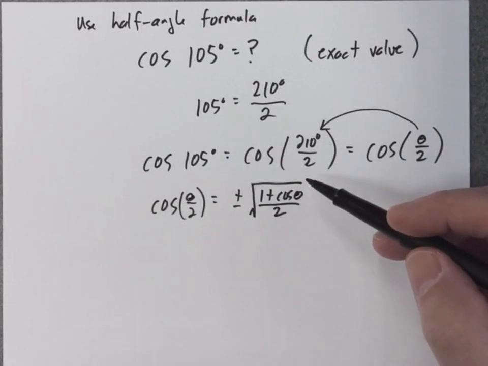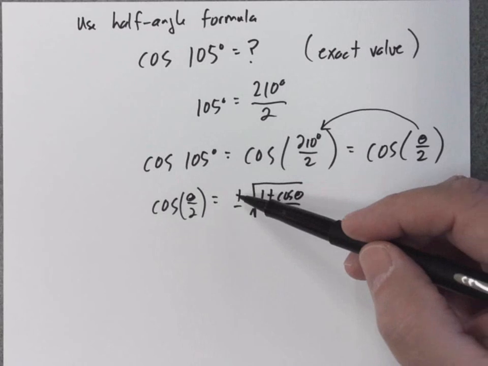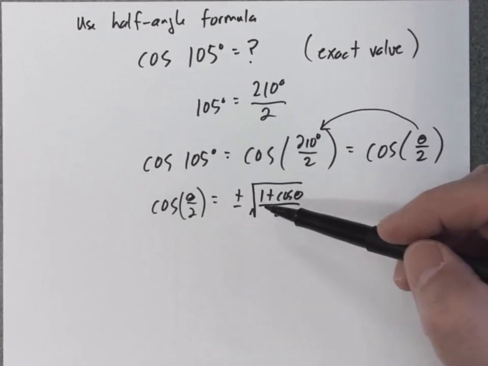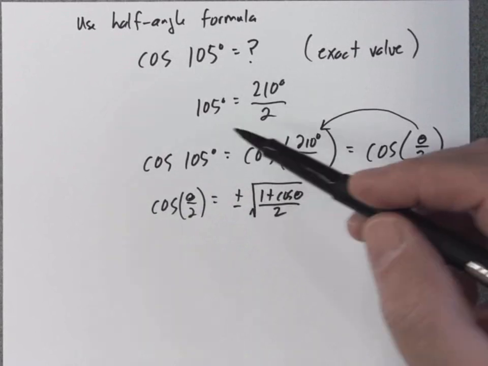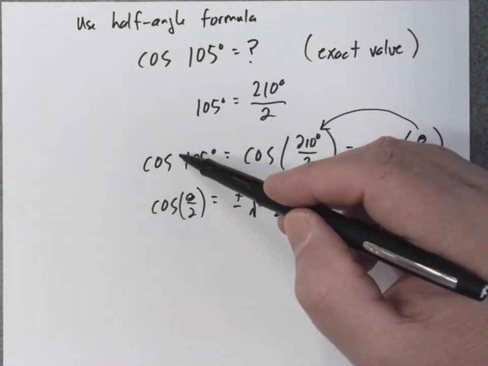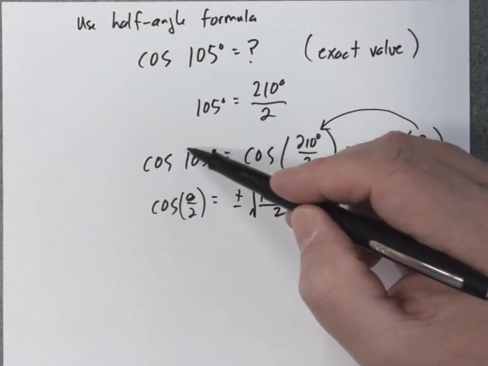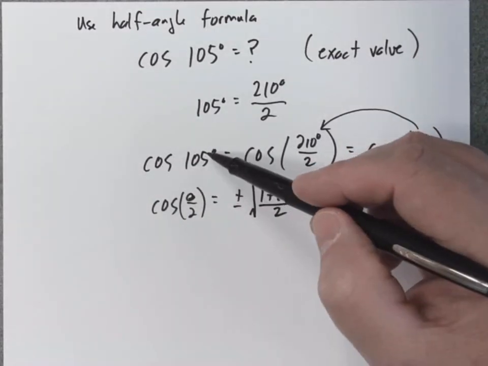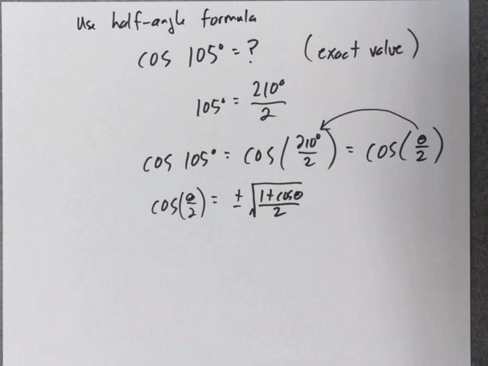But before I do the calculation, I have to decide, should the answer to this problem be a positive or negative number? This is the angle I'm looking for, my half angle. The cosine of 105, what quadrant is 105 degrees in?